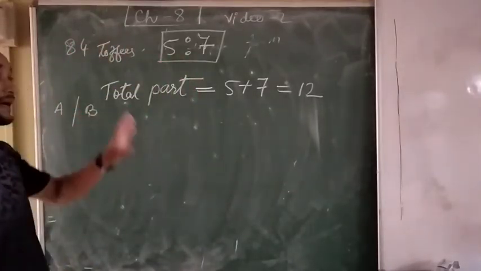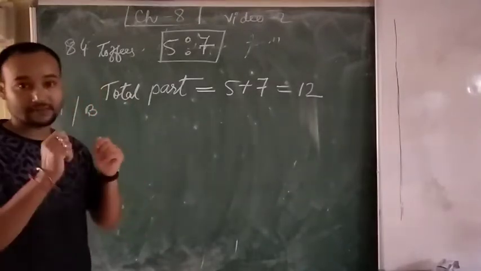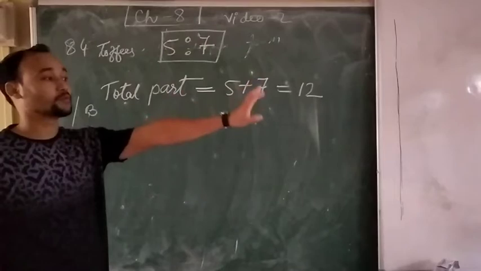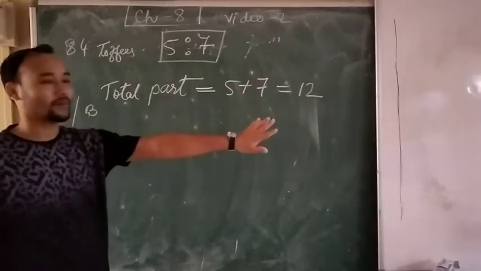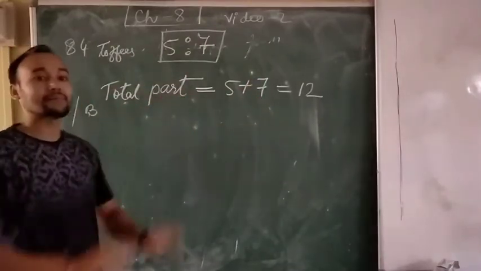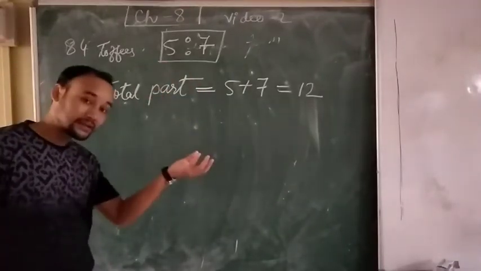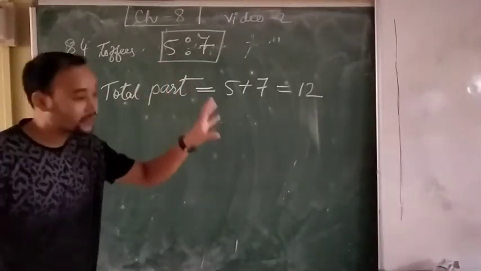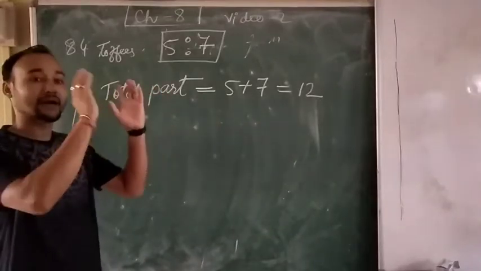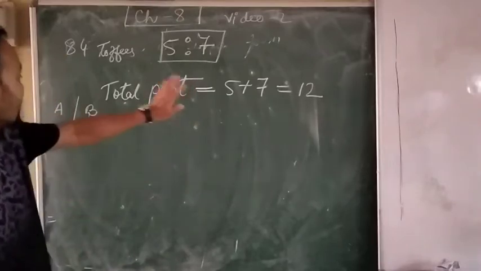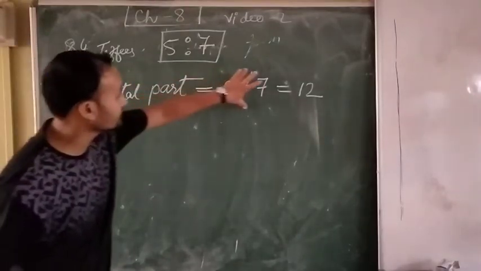Understand? Suppose I have 10 pencils. I gave 3 pencils to a particular boy and 7 pencils to another. Now what is the ratio? 3 is to 7. Now when 3 and 7 are added, I have the total number of pencils. Same thing, total part is 12.